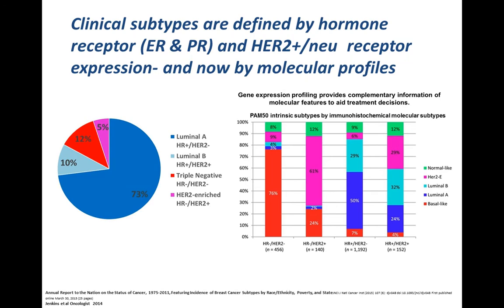What you can see is that about 75% or so of the triple negatives fall into the category of basal-like breast cancers. A lot of times people use these terms interchangeably. It's almost correct, but it's not quite correct. Whereas most triple negatives are basal, there are some triple negatives that fall into the normal-like category, some that are actually HER2 positive, and others that are either luminal A or luminal B.